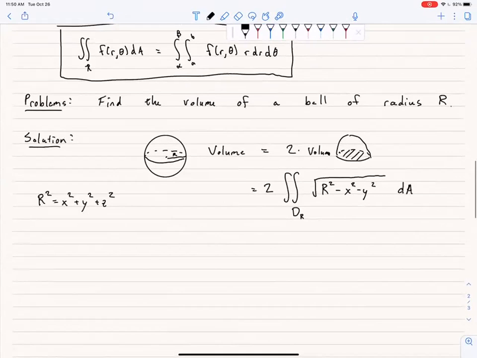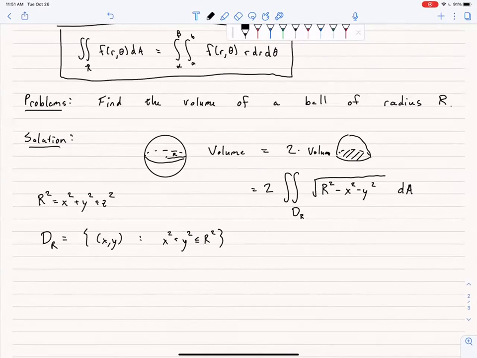D sub r here is just the disk, the set of points x, y so that x squared plus y squared is less than or equal to r squared. All right, so this is the integral in Cartesian coordinates. You could write dx dy here. You could see that the disk is indeed both a type 1 and a type 2 region. You could find the bounds for that and do a double integral, but it's not a very pleasant or fun double integral, right?